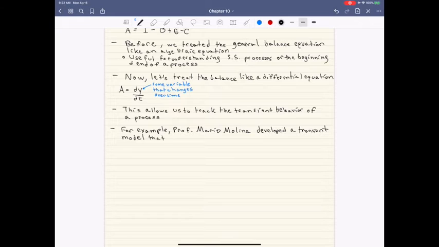And what he was tracking was the concentration of chlorofluorocarbons in our atmosphere, otherwise known as CFCs. You may have heard this term before, and that's because what his transient model showed is that these chlorofluorocarbons were actually destroying the ozone layer of the Earth.